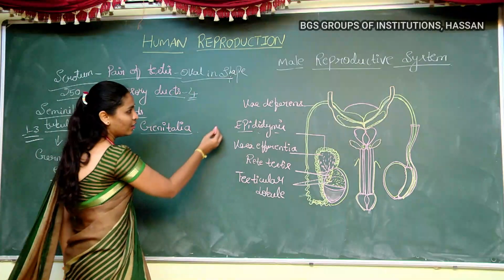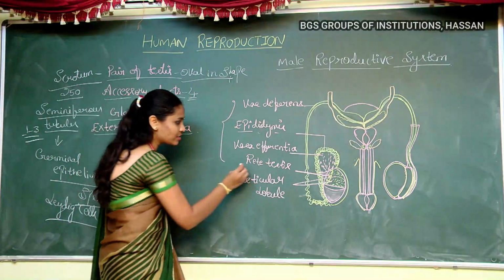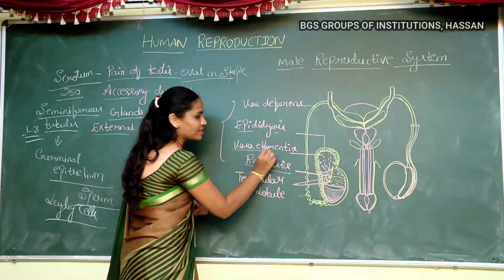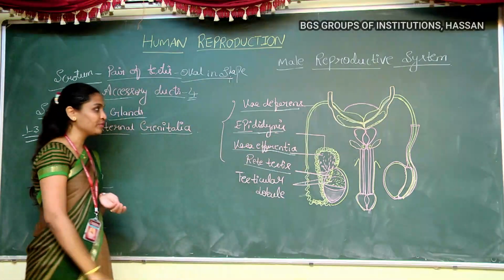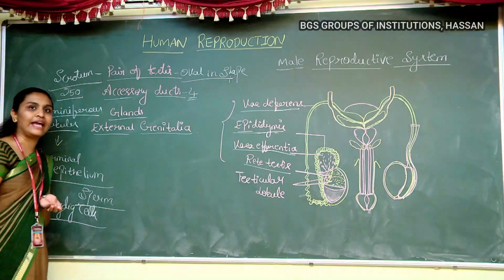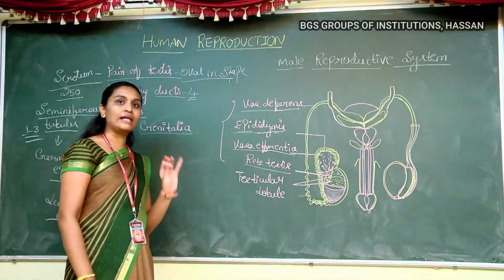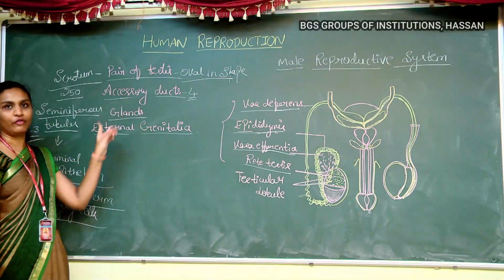These are the 4 accessory ducts. The first one was rete testis, vasa efferentia, epididymis, and vas deferens. Accessory duct means they are not involved in the gamete formation. They are the parts of male reproductive system, but they are not involved in the gamete formation.